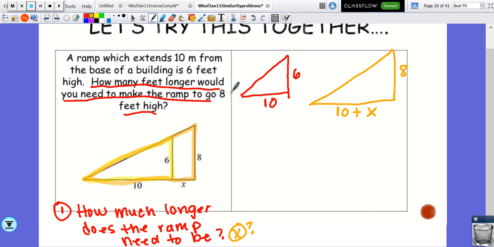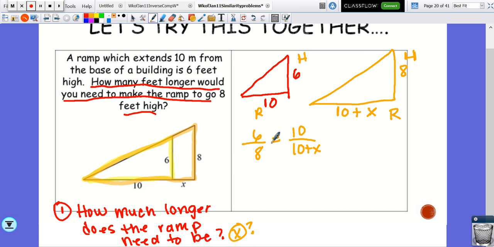So I'm going to say, all right, this is the height, and this is the height. And then I'm going to say this is the ramp, and this is the ramp. So those are corresponding sides. So I'm going to do 6 over 8, and that should equal the ramp of this one, 10 over 10 plus x.